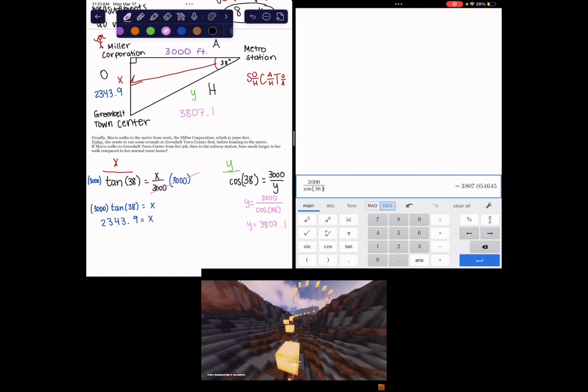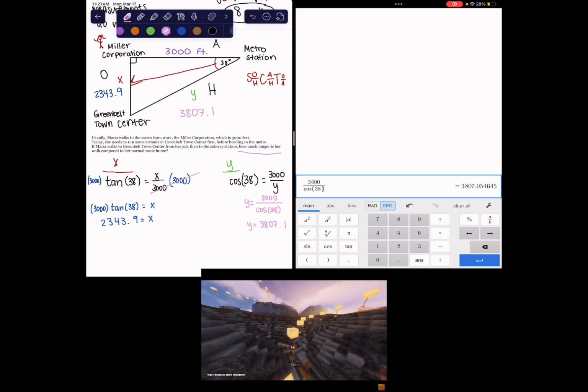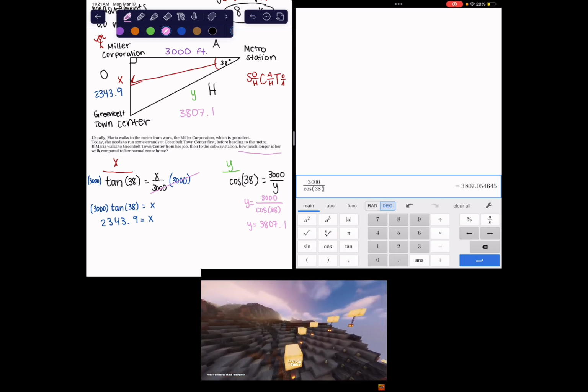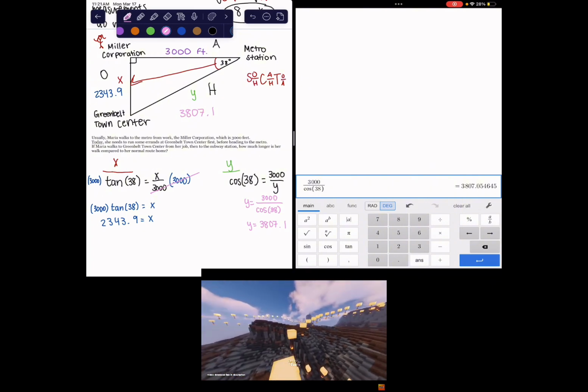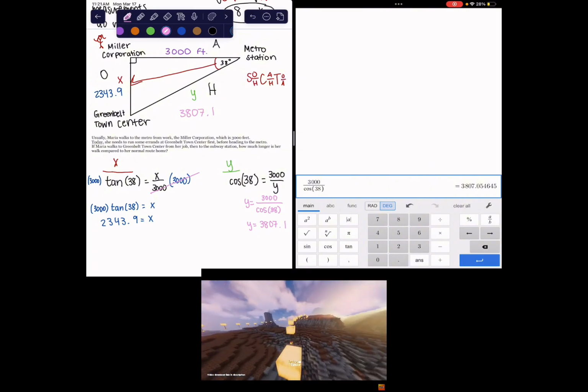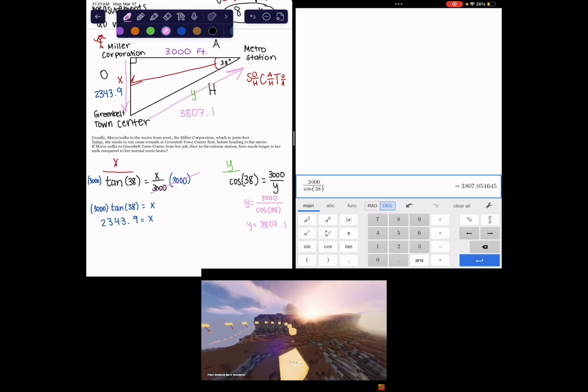Okay. At this point, we go back to the question. How much longer is her walk compared to her normal route home? So the normal route is 3,000 feet, right? She just goes from work to the metro. This time she went down and then up.